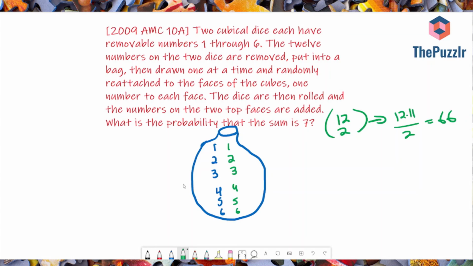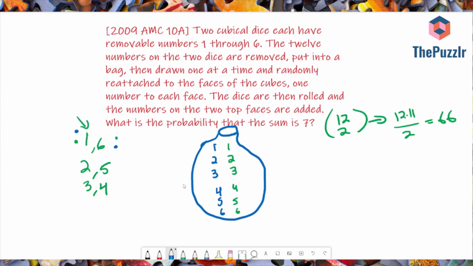How many ways can you sum numbers up to 7 from these 12 numbers if you pick any two? You could have 1 and 6. You could have 2 and 5. You could have 3 and 4. But for each of these arrangements, you have two options for one. You could either pick blue or you could pick green. There's two numbers for each case. Similarly, you have two options for the 6.